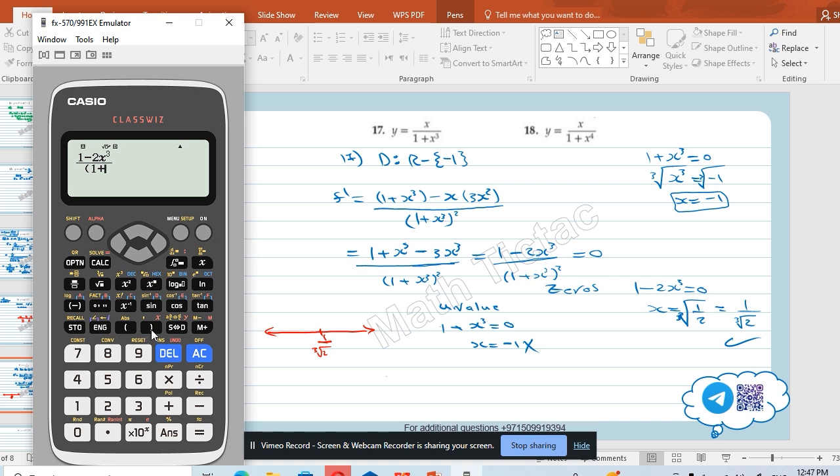This is negative. Let's calculate a value less than; I will take 0.